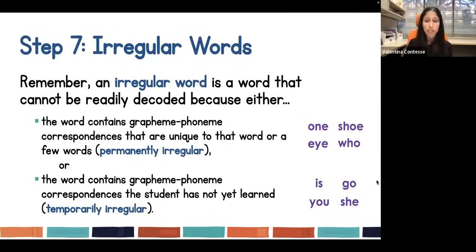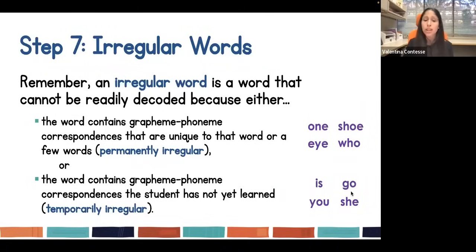Words can also be temporarily irregular, which means that the word has some sort of grapheme phoneme correspondence that the student just hasn't learned yet based on where they are in the scope and sequence. So if we look at the example is, this word is temporarily irregular because at the point that it's taught in the lesson, students haven't learned that the S says Z yet, but eventually they do learn that, so it is no longer irregular.